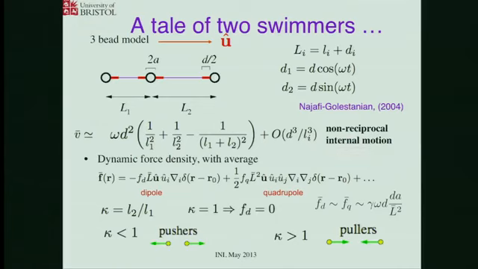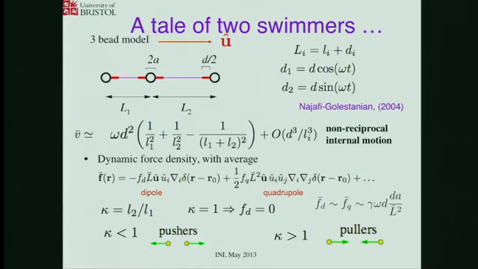And again, if we go through the cycle, we'll see that the motion within one cycle breaks this time reversal symmetry. So this object can move, and we can calculate the speed at which it moves related to the speed at which the arms move. So you can relate microscopic internal dynamics to the speed of the swimmer.